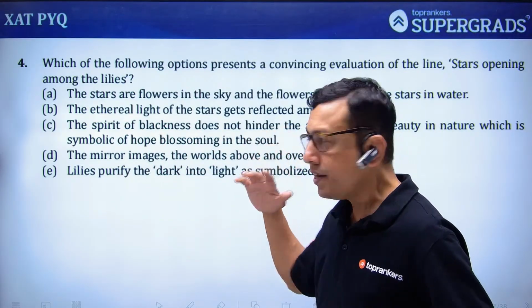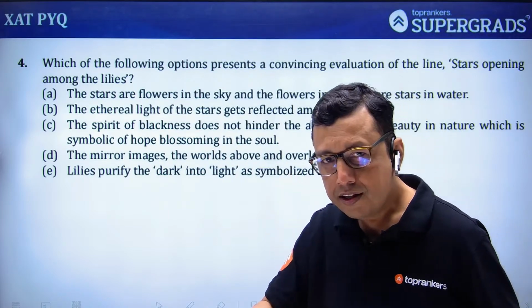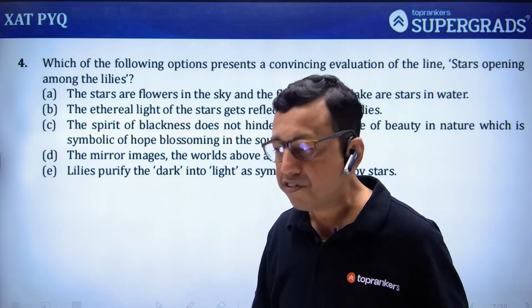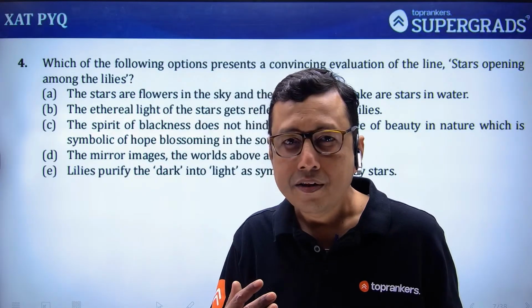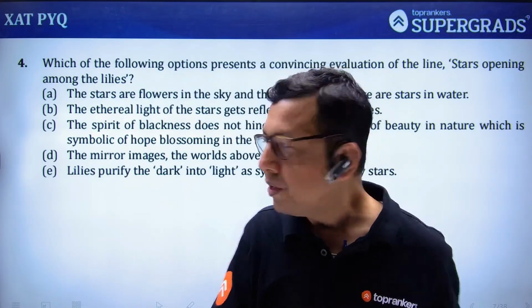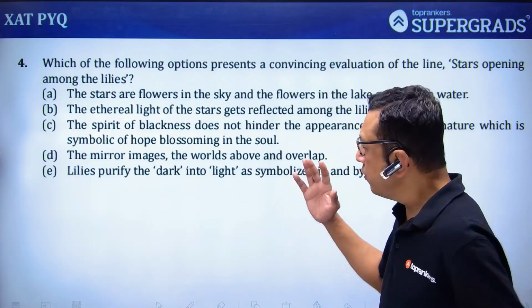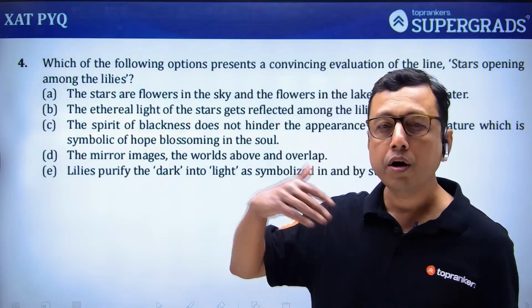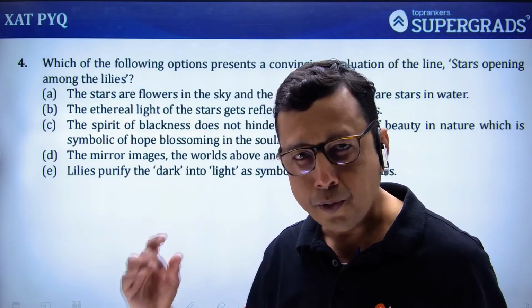It doesn't hinder the appearance of beauty, as in stars being there amid that darkness indicates that beauty can be there amid such darkness and melancholy. And option C very clearly captures this idea. So it can be the correct option. It actually connects with the symbolic idea of that sentence in the poem.